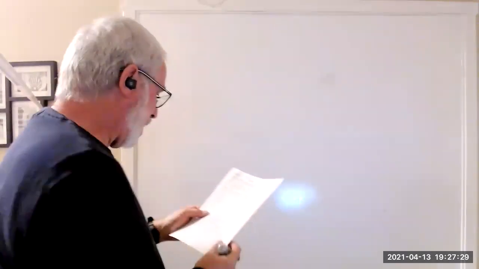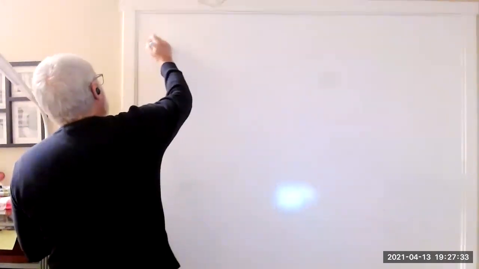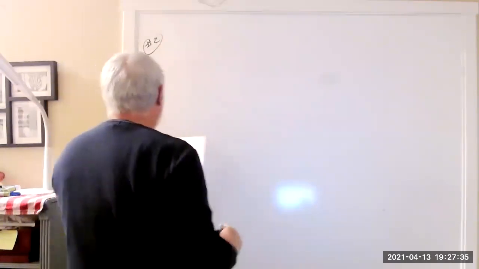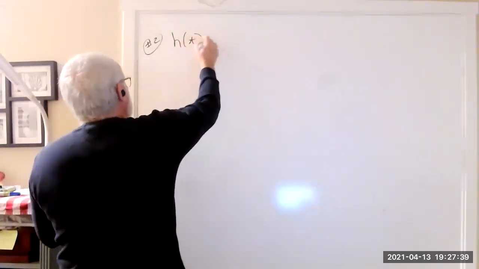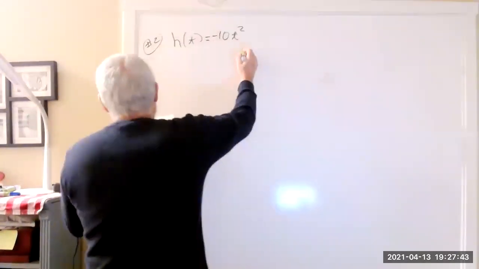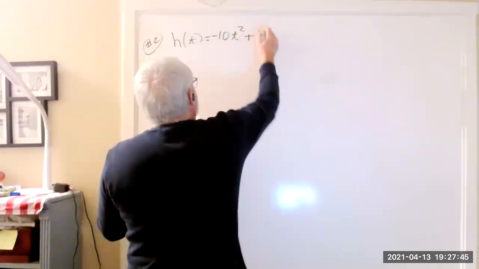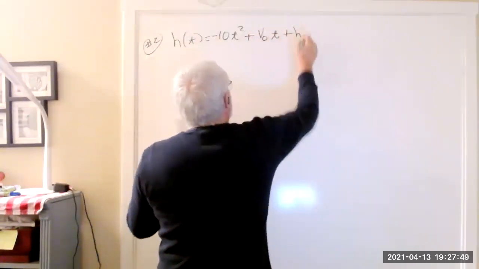All right. This is number 2. Okay, the first thing I do is read all of this and I see the formula: h of t equals negative 10 t squared plus v naught t plus h naught.